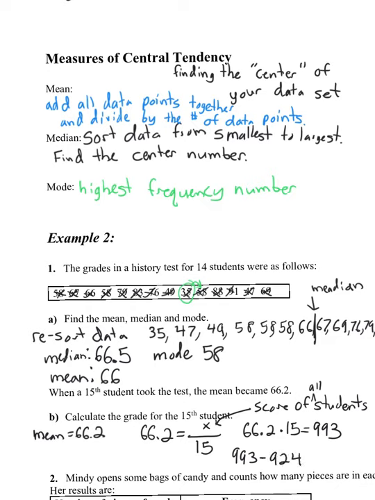I'm going to write that down real quick, the sum of part A. So that was the sum of 14 scores, and we end up getting 69. That's how we find the last score, the 15th student.